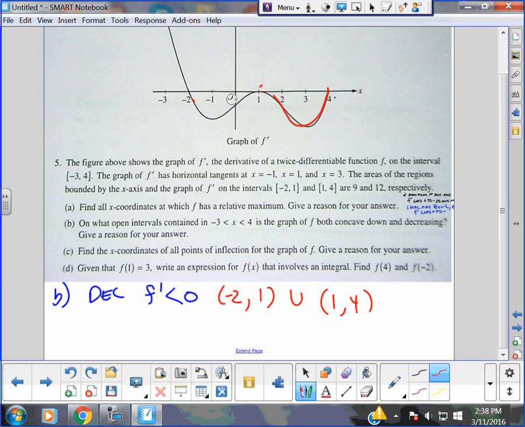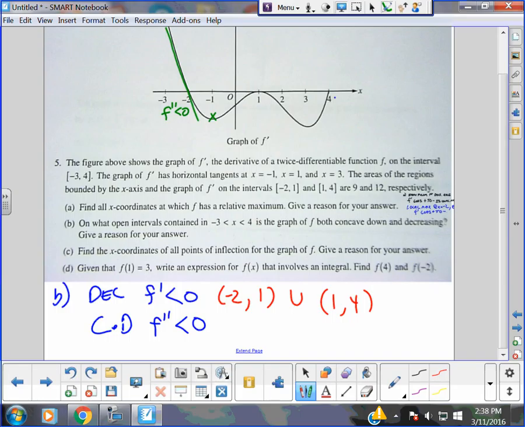The next thing I would write is where it's concave down. What's the rule for concavity? Concave down happens when f prime prime is less than 0. Now this is much harder because you have to recognize that you're looking at the graph of f prime. If I'm going to take the derivative of the derivative, I have to look at the shape of the curve. Negative slope here to 0, so here f prime prime is less than 0.